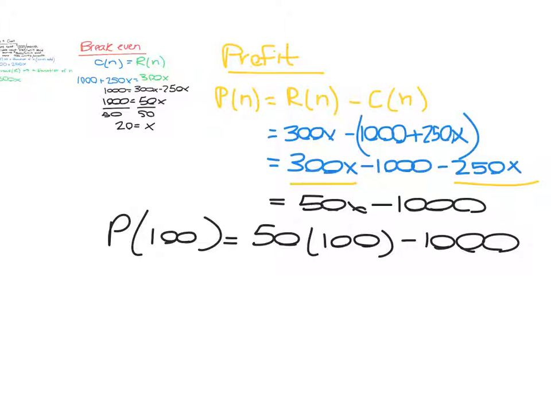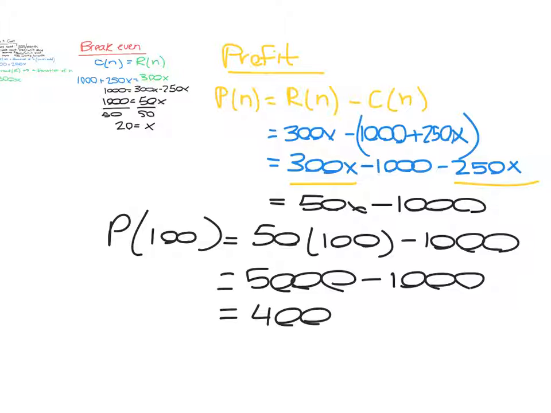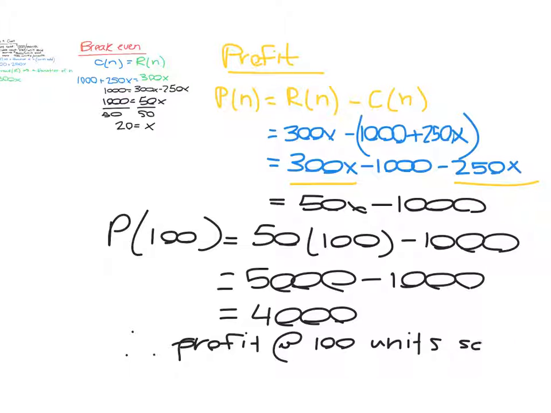So 50 times 100 gets us 5,000 minus 1,000, $4,000. So therefore, profit at 100 units sold is $4,000. Remember, we don't have any units in our equations, which is why we write that final let statement.